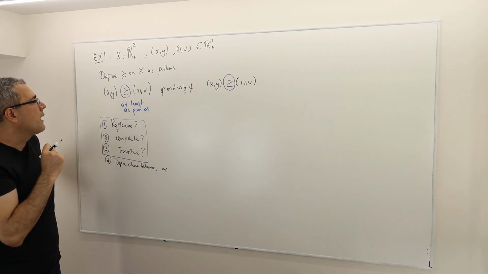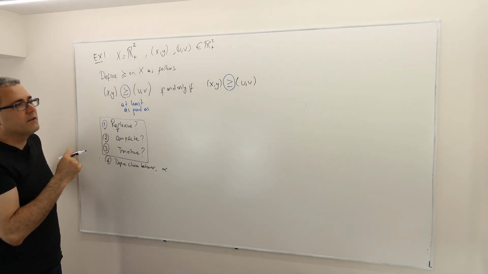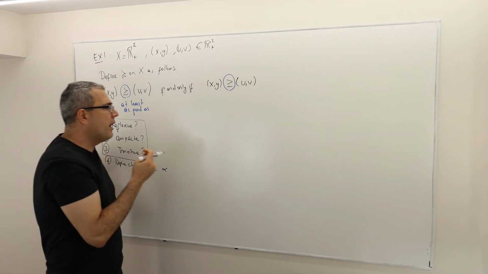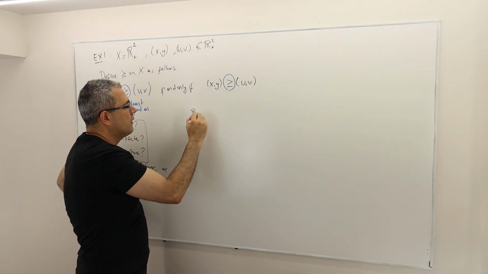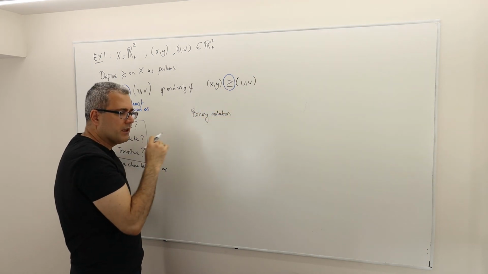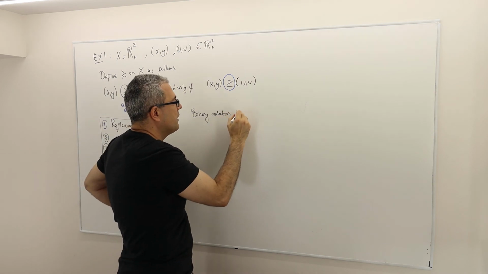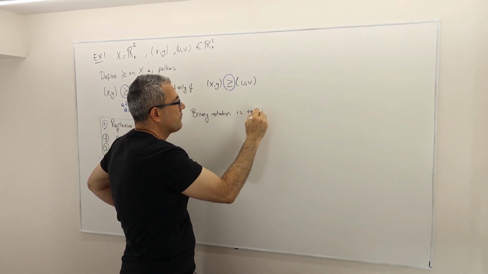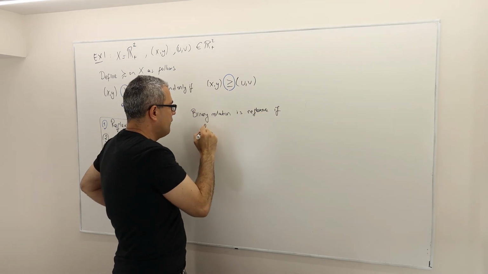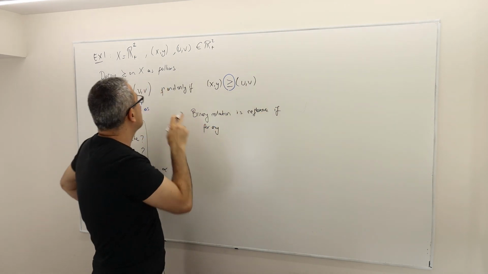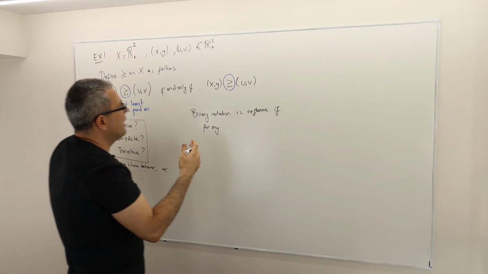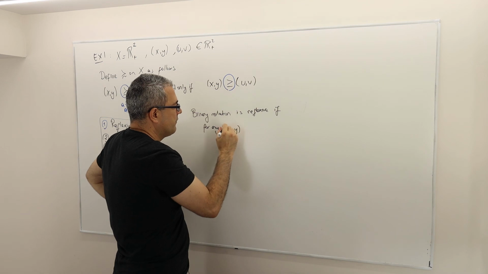All right? So, is it reflexive? Well, what does a reflexive binary relation mean? I assume you already know the definition, but let me just repeat it. A binary relation is reflexive if, and that means if and only if, for any vector in this world, my binary relation is on R plus square, so I'm gonna take a vector.